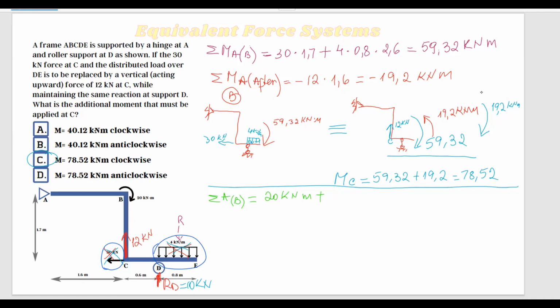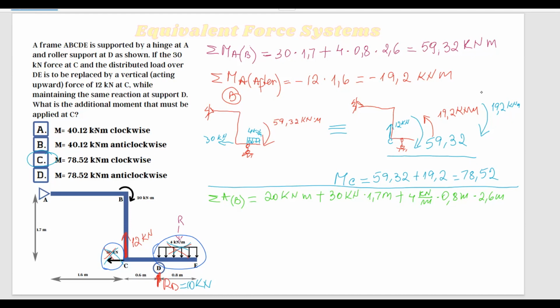And then we have plus, I'm going to add this 30 kilonewton force multiplied by the arm, which is 1.7 meters, plus I also have this distributed load, which is 4 kilonewtons per meter multiplied by 0.8 meters and multiplied by the arm, which is 2.6 meters.